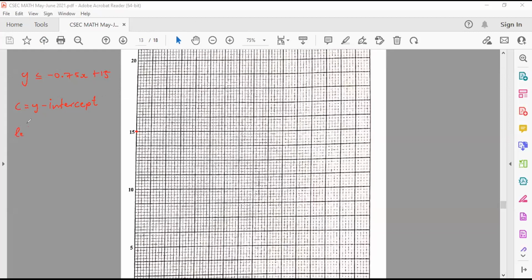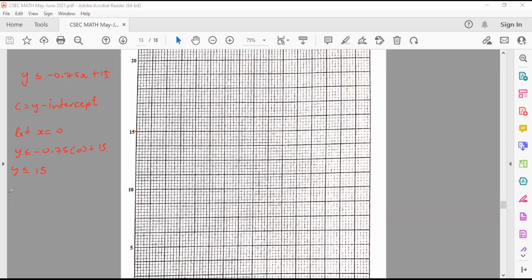So we say let x be equal to 0 in the equation. Then y is less than or equal to negative 0.75 times 0 plus 15. So y must be less than or equal to 15. That's why I get y is equal to 15.